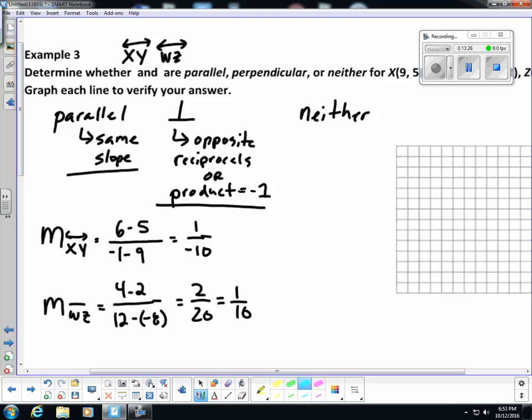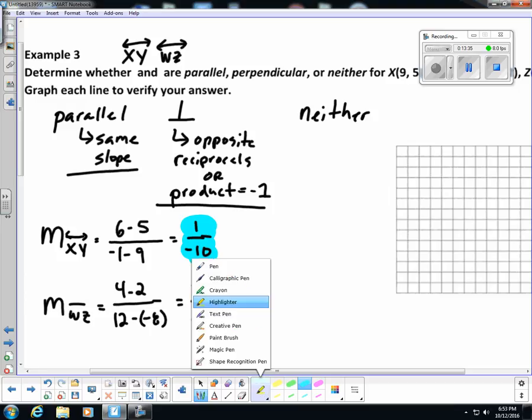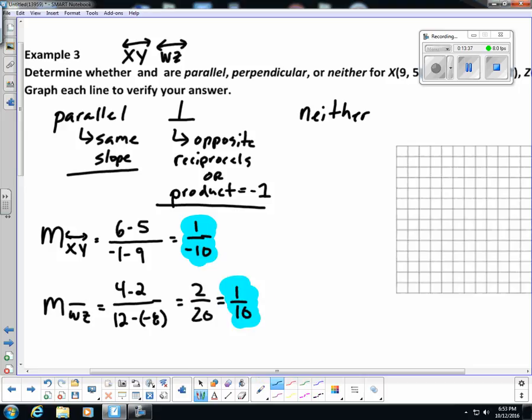So what do I need to examine? I need to examine this slope and this slope. My first question is, are they equal? Yes or no? No. One of them's -1/10 and one of them's +1/10. They're not equal, so they don't have the same slope, so they're not parallel. Are they opposite reciprocals?